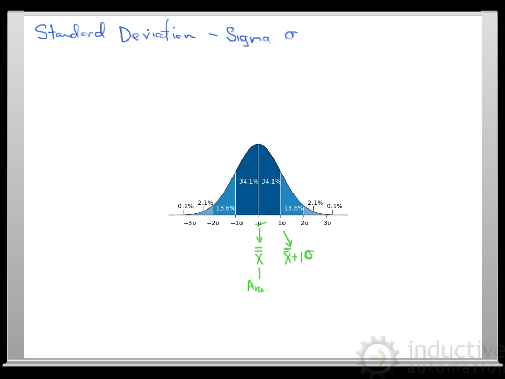And likewise, the 2 sigma is calculated that way, and 3 sigma, same thing, X double bar plus 3 sigma, same thing over here, only we subtract it, minus 3 sigma.